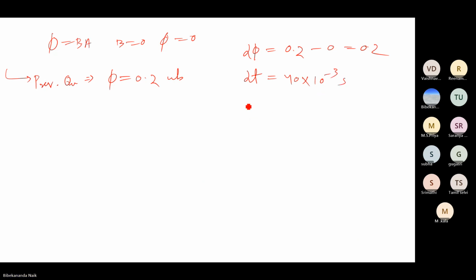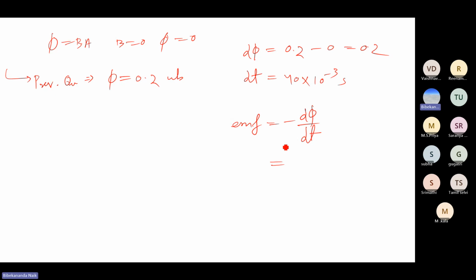Now we know the EMF is equal to minus d phi by dt. This negative sign comes due to the conservation of energy, which is governed by Lenz's law. Lenz's law states that the current produced in the circuit will create a magnetic field which will oppose the magnetic field which is the source of this current.